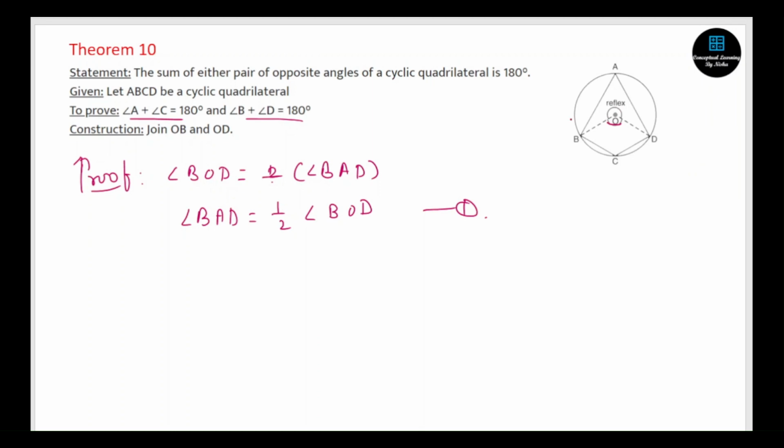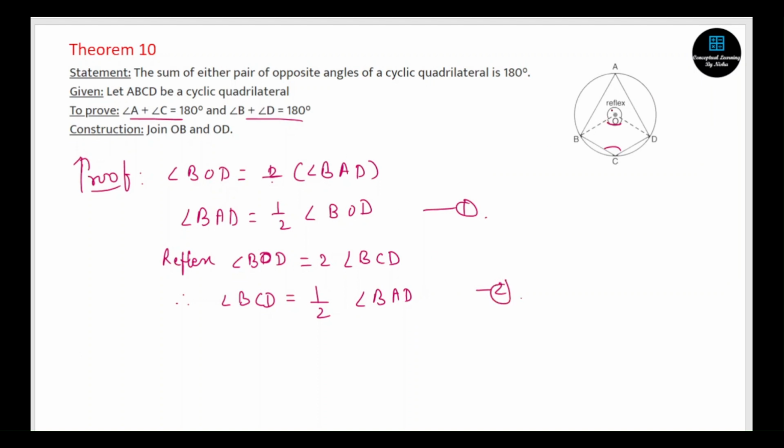Now reflex angle. If I talk about reflex of BOD, that is twice of the angle subtended at the segment, so angle BCD. From this, what I can say is angle BCD is half of reflex angle BOD, correct? I get this result too.